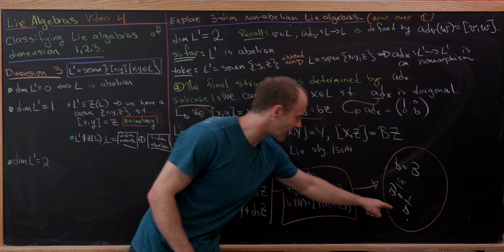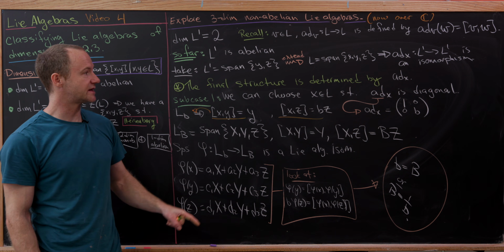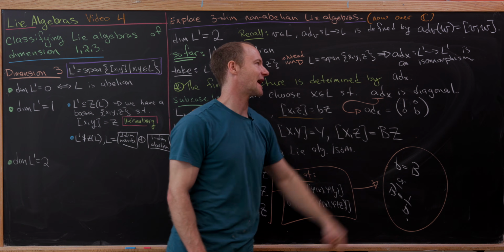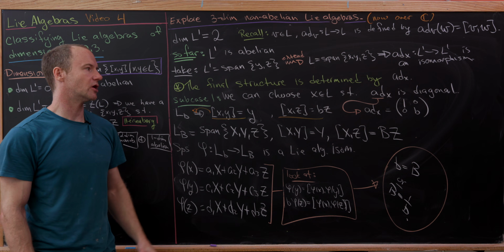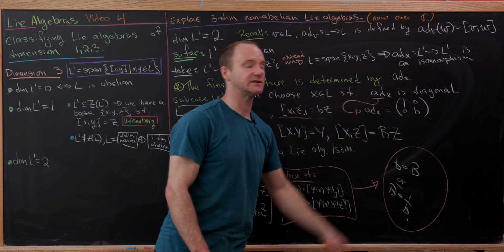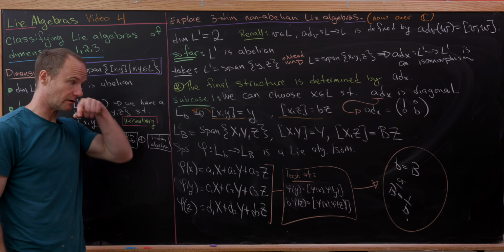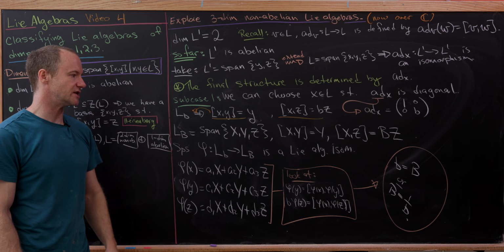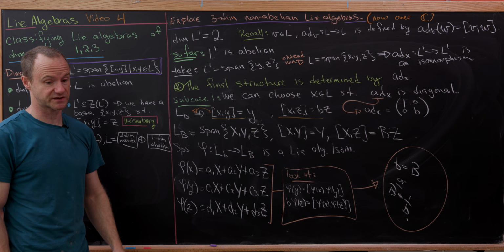And you might worry about dividing by b here, but b is non-zero. We know that b is non-zero because ad x is an isomorphism, so if it's in a diagonal form, it has non-zero entries on the diagonal. This is a fairly simple calculation that I'll let you fill in as a homework exercise.